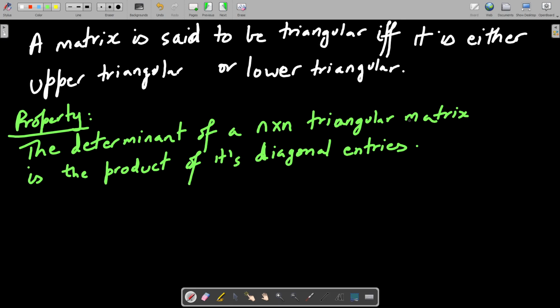Okay, you take the product of its diagonal entries, you get the determinant of a triangular matrix.